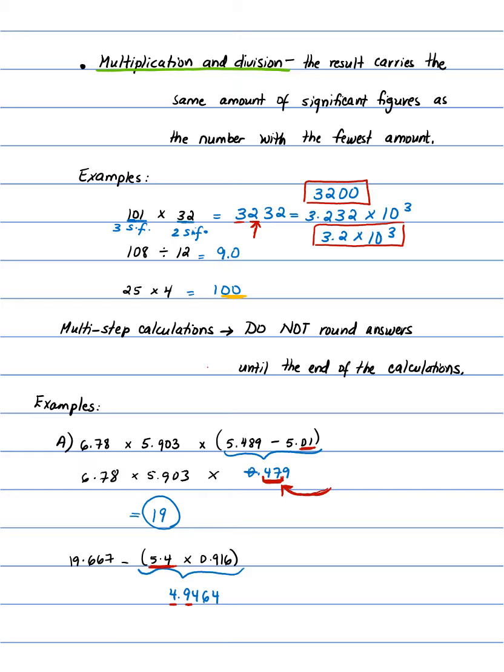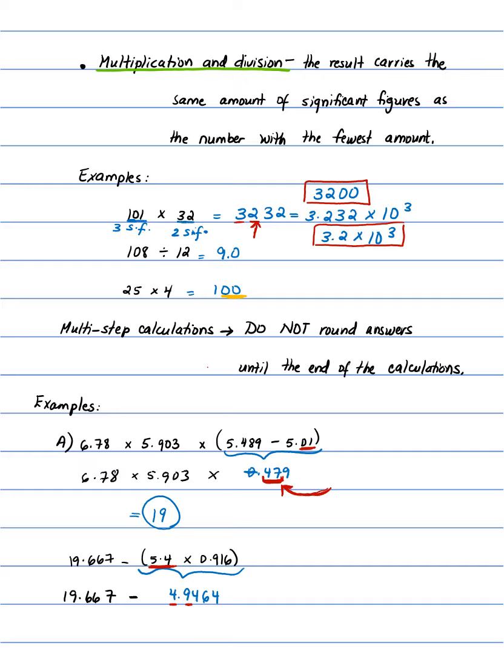So now when you do the last part of your problem, it's a subtraction. You have 19.667 minus 4.9464. We're not rounding the number, we're keeping the number from that multiplication as it is, just knowing how many digits in the number are actually significant.